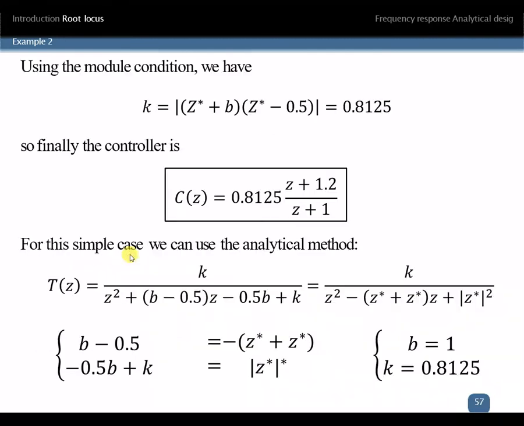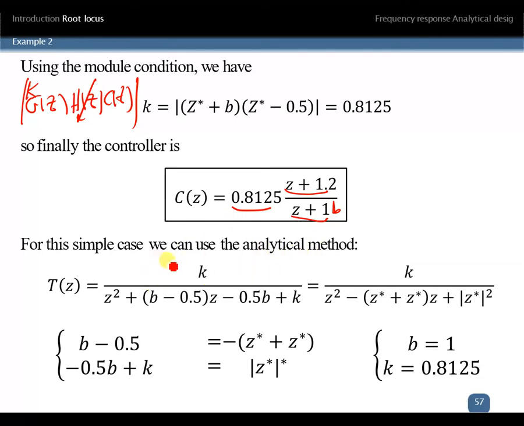Okay, I find B easily. Then by G(z)H(z), here H(z)C(z), the absolute value of this multiplied by K will be equal to 1. I can find K. Then C(z) becomes K, I put A as 1.2 and I find B equal to 1.